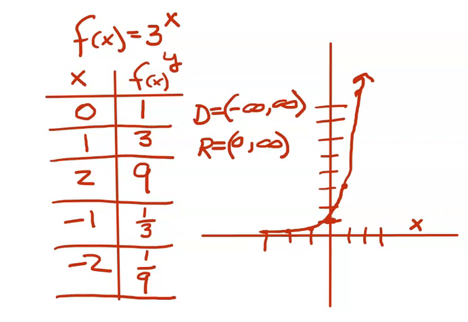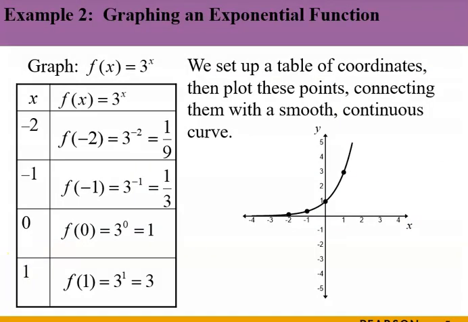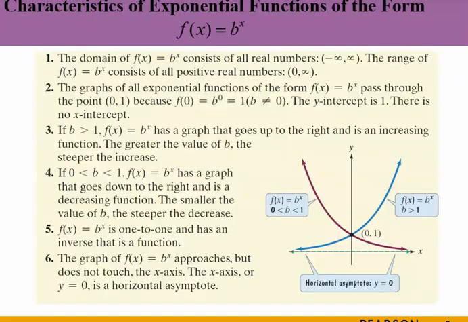Now let's take a look at the graph that's there. Now here we see the nice smooth graph when you have the proper tools to do it. Going on to our next slide. This is the characteristics of exponential functions.